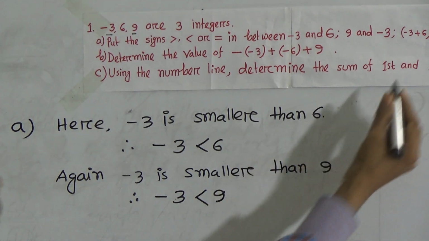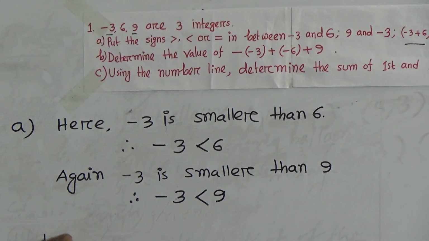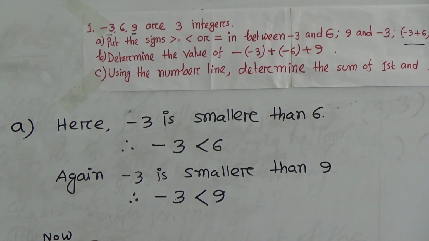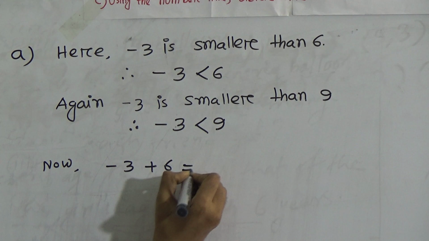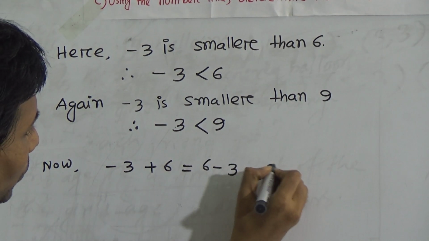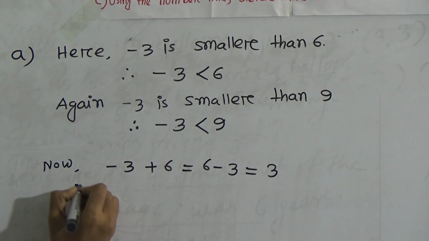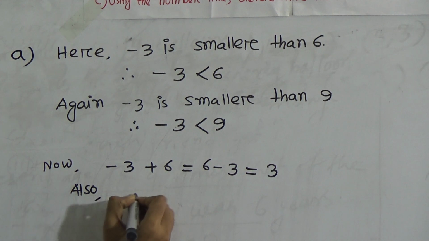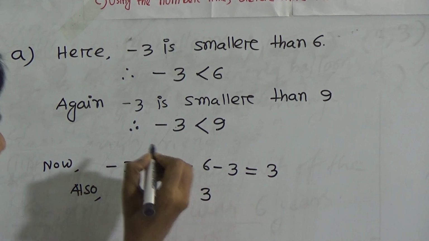Now you look at the third step right here. -3 plus 6, this is equal to what? 6 minus 3, this is equal to 3. Also 9 minus 6, this is equal to what? 3.